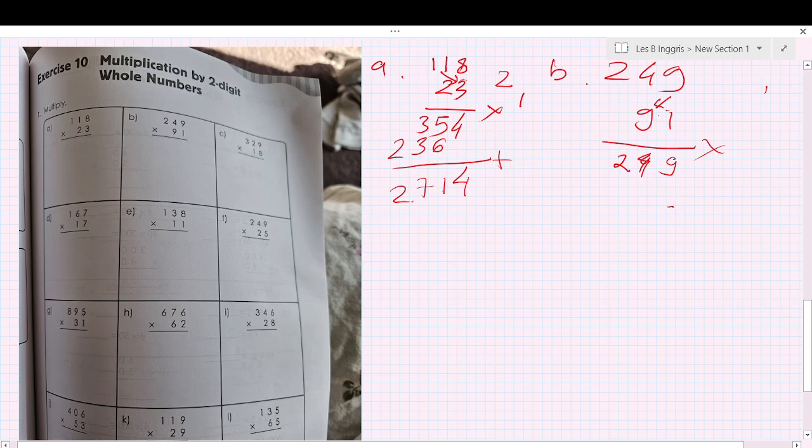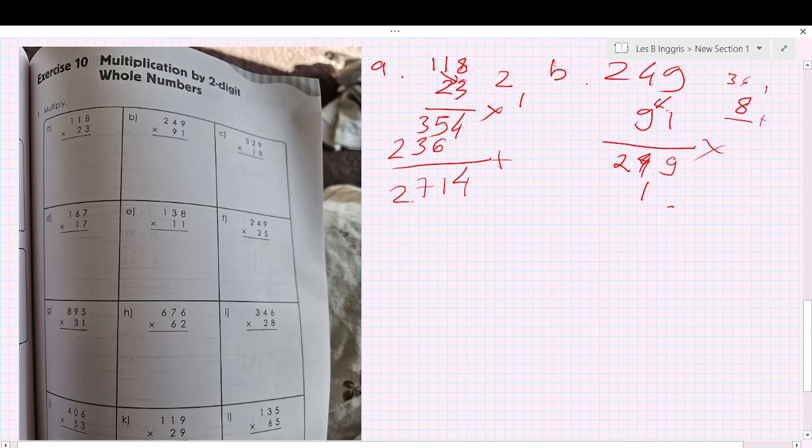So the 9 times with the 9, you got 81. 1 in here. Keep the 8 beside. You multiply 4 with 9, you got 36.